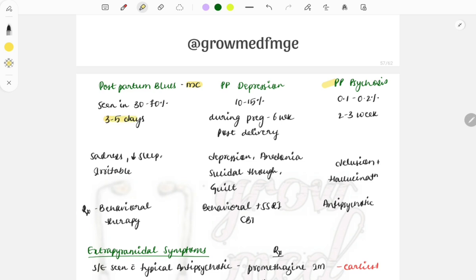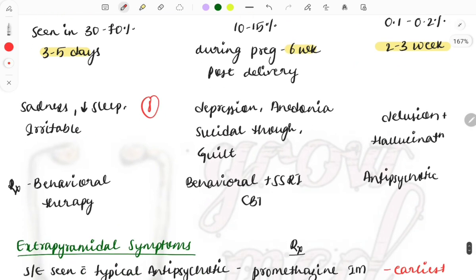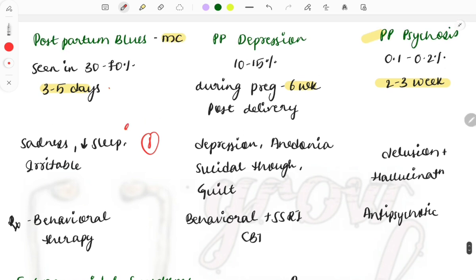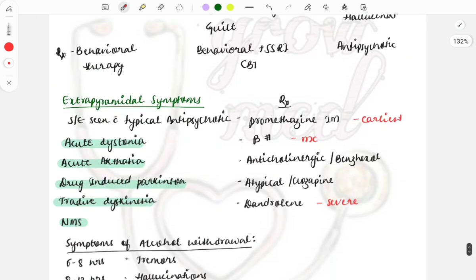So these are the days when it will be appearing, the duration of the appearance, and these are the clinical features which you can see in the particular disease, like clinical cases are asked. By looking at the day and the features described, you can easily come to the conclusion which is the correct cause, like blues or depression or psychosis.